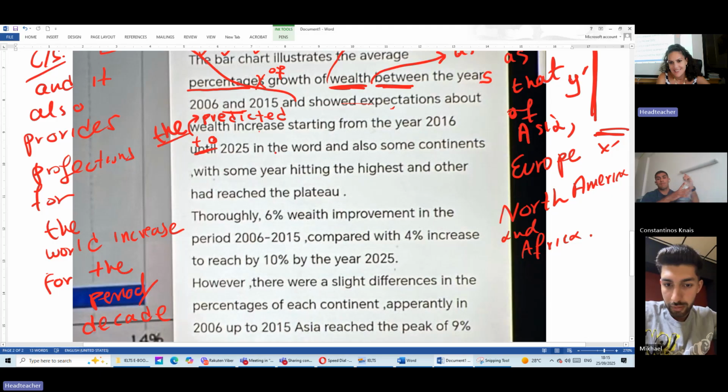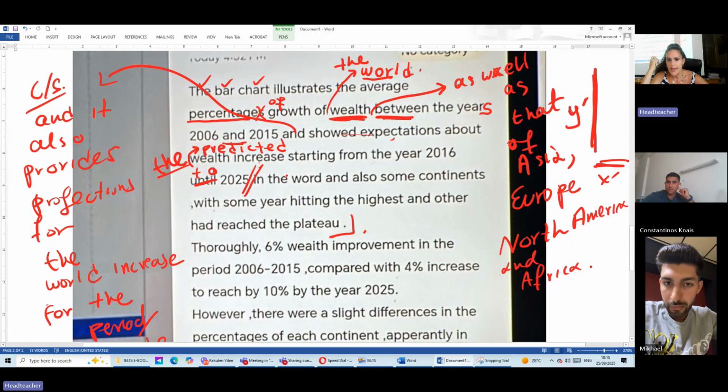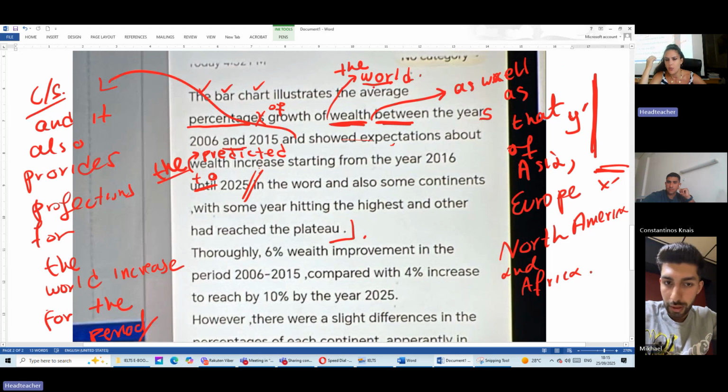In the world, and also some continents, with some year hitting the highest and other had reached the plateau. So, guys, first of all, we see that up to this point, it's okay. Michael Moon, earlier you didn't mention the word world. You didn't write that, but you mentioned it here.